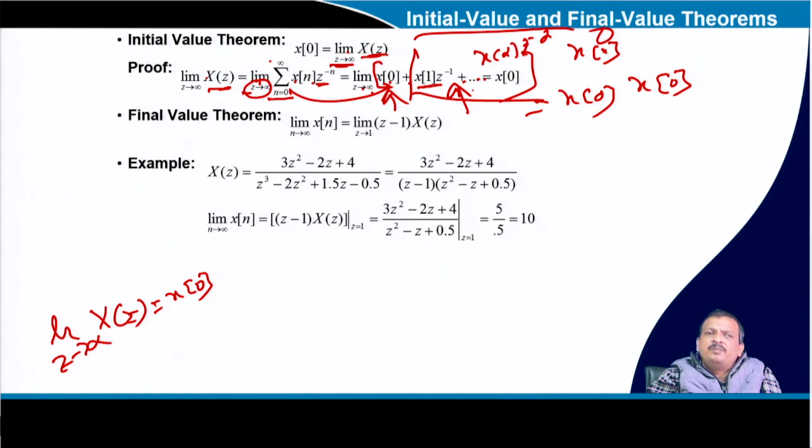With the final value theorem, I can estimate the end value of the signal. How do you do that? The end value is very simple.